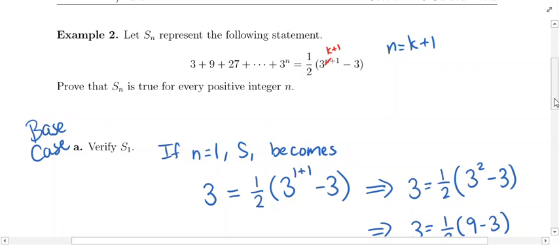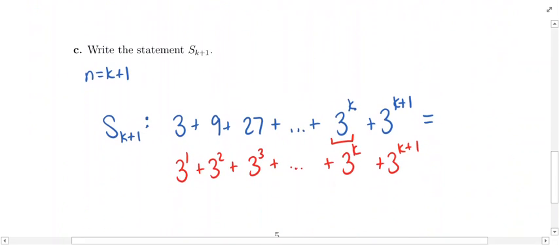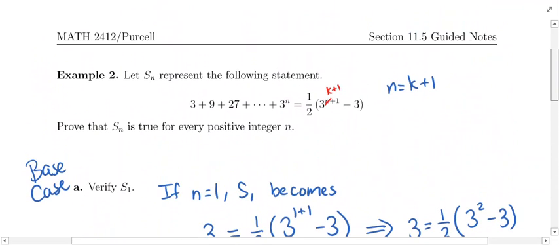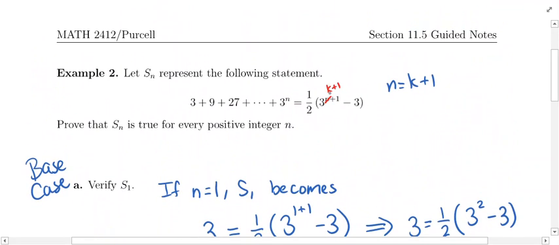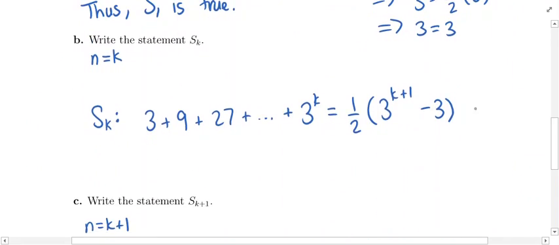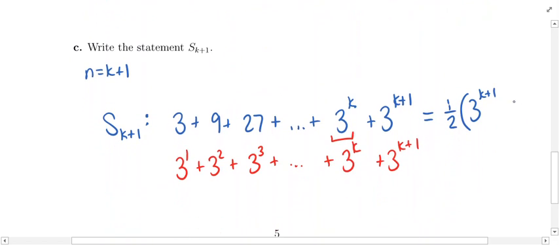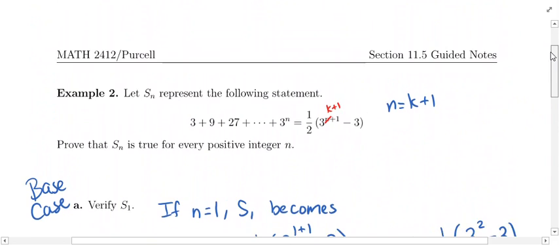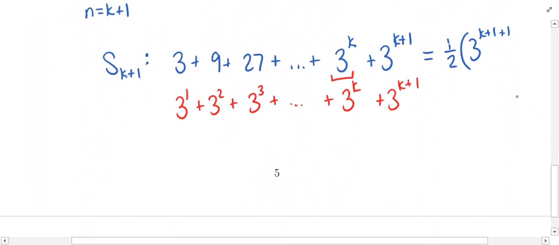So this is going to be 1/2 times 3 to the k plus 1. That's the n part. n has been replaced with k plus 1, but we have another plus 1 in the exponent. So make sure you tack on the additional plus 1, and then once you get out of the exponent, you have to subtract 3.